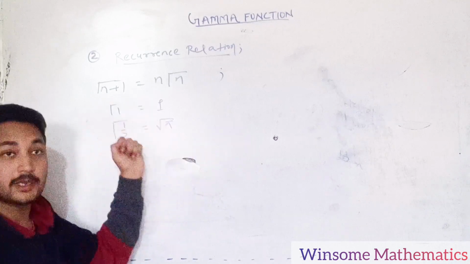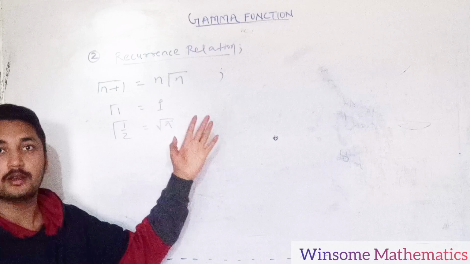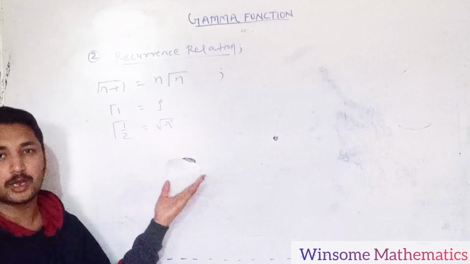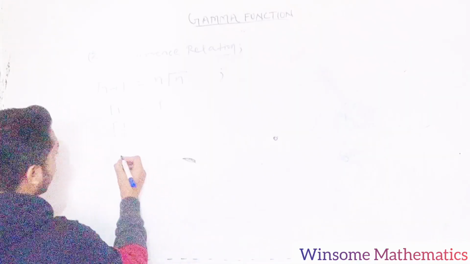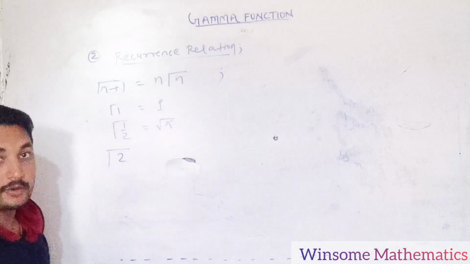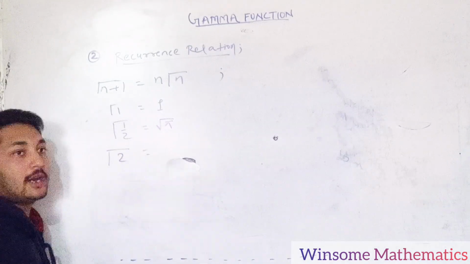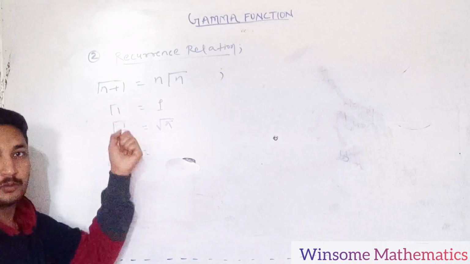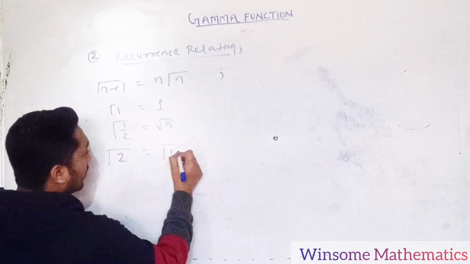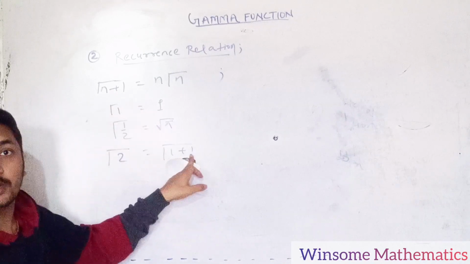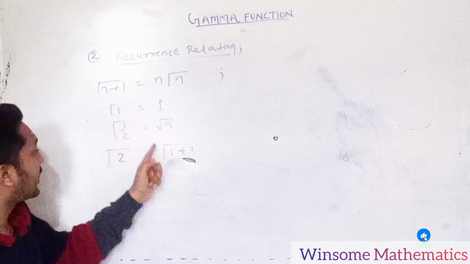Now with the help of this recurrence relation, we can also find gamma 3 by 2, gamma 5 by 2, gamma 7 by 2, gamma 8, gamma 9, everything. Like I am telling you gamma 2. What will you tell? You will simply tell me that we can adjust it into the form of n plus 1. How? So simple, 1 plus 1, and n is 1 here.